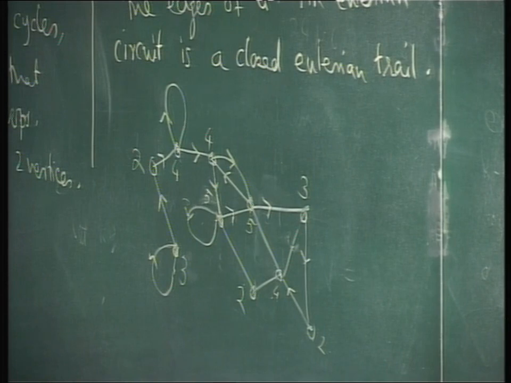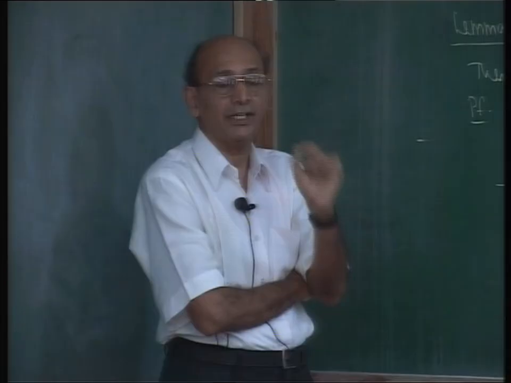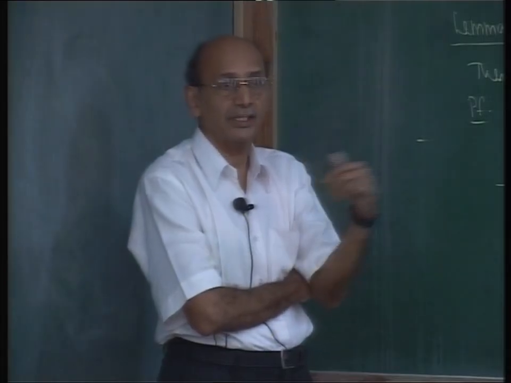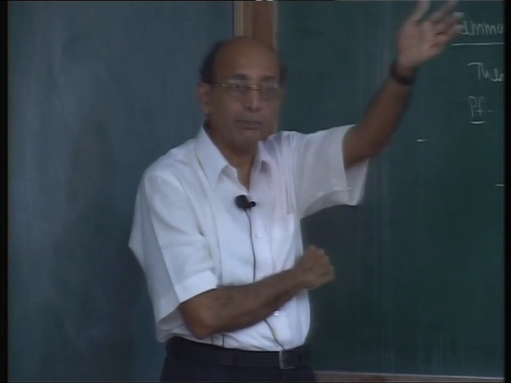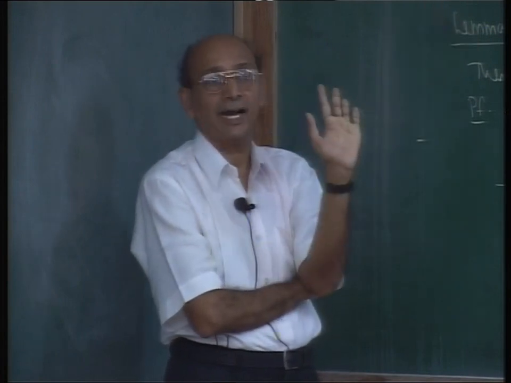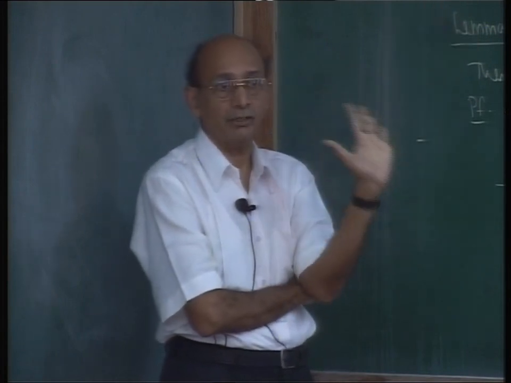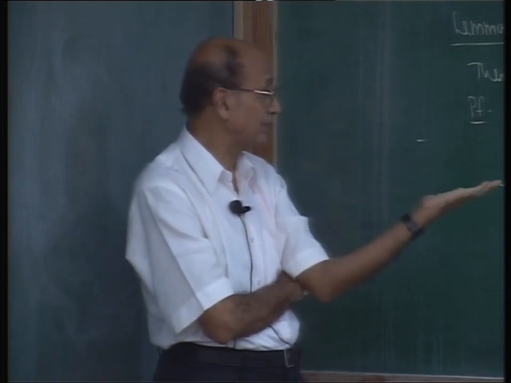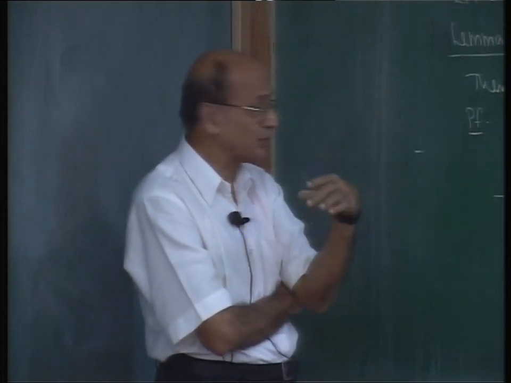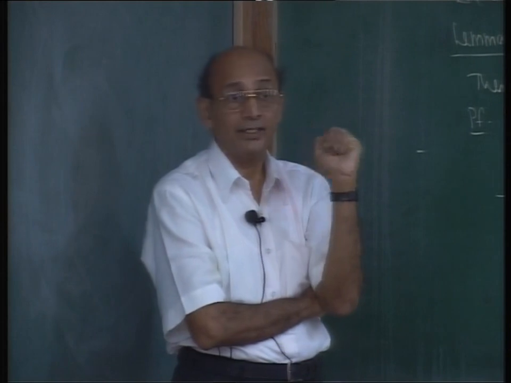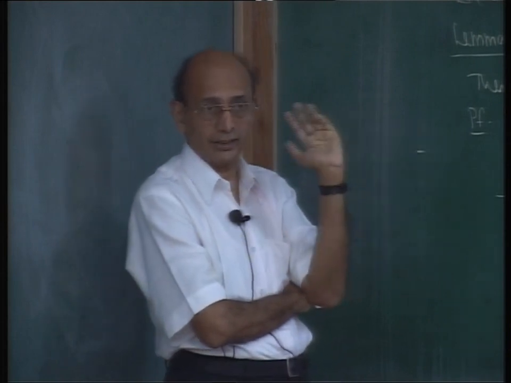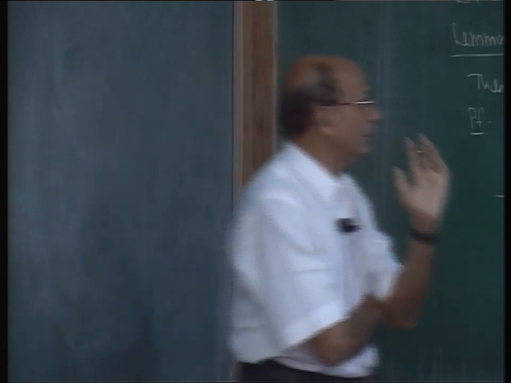Circuit is closed, so you come back to the same vertex. Therefore, the number of times you will visit any vertex, where visit means either you get into that vertex or step out of that vertex, has to be an even number. This graph has as many as 4 vertices of odd degree. Therefore, it cannot have an Eulerian circuit.